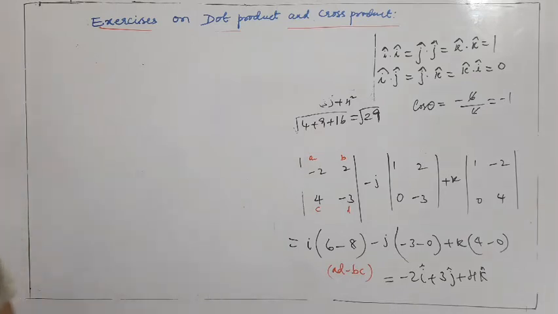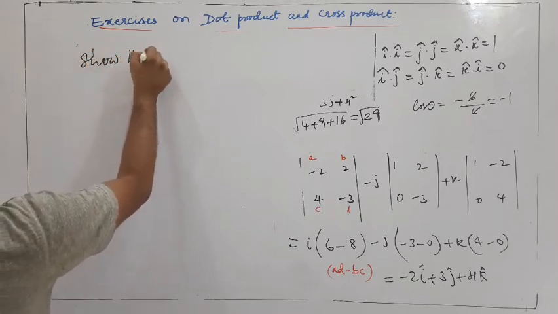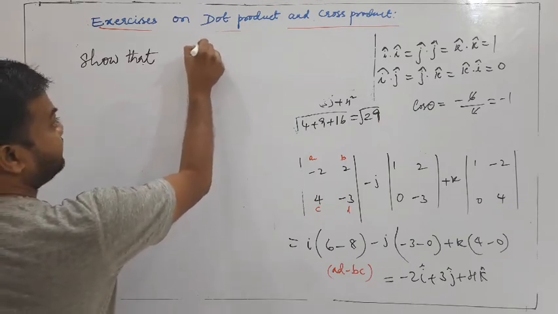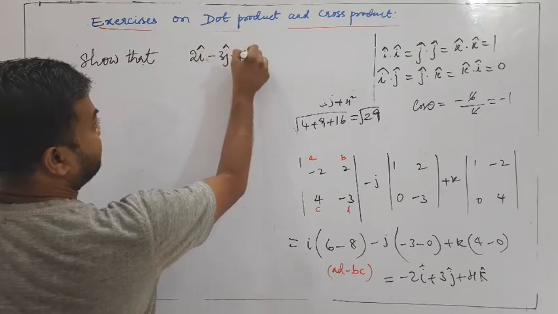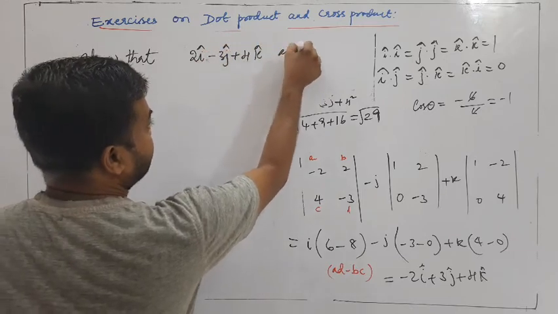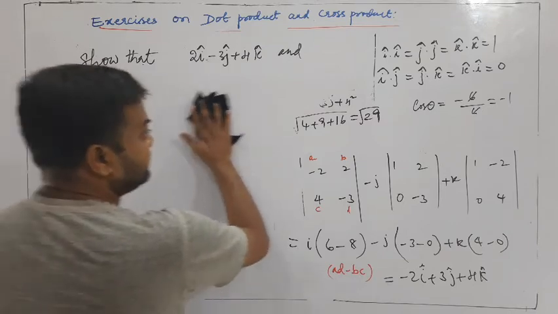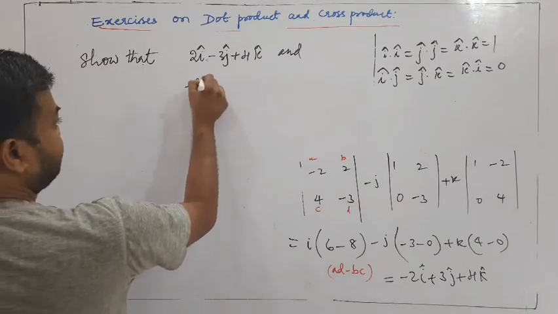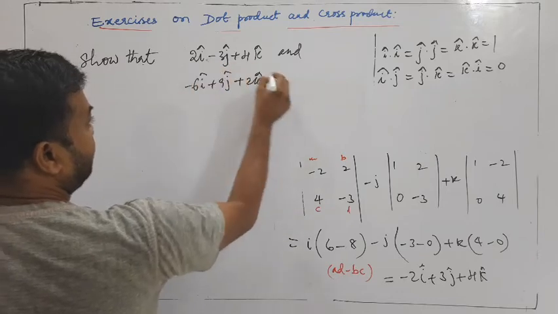Okay. Show that 2i minus 3j plus 4k and one more vector, minus 6i plus 9j minus 12k, are parallel.